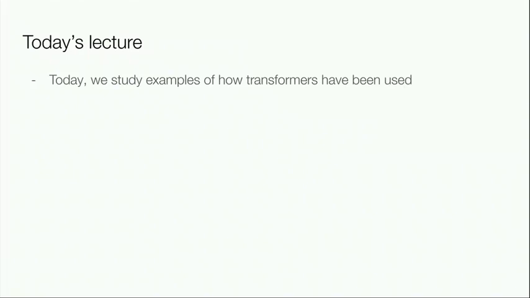Well, today what I want to show you is a few pretty important examples of how transformers have been used. I think this will start to motivate why we even started talking about this in the first place. Transformers are really important for you to know about because they're used all over nowadays. Transformers power Google Translate.